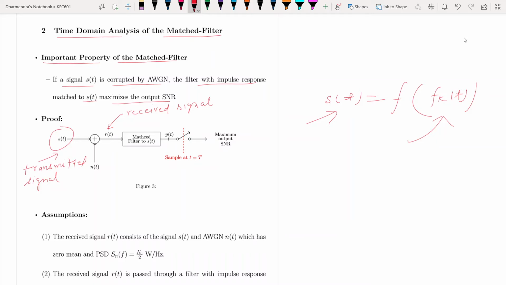Matching of s of t is equivalent to the matching of fk of t, because s of t can be written as a one dimensional signal like this.